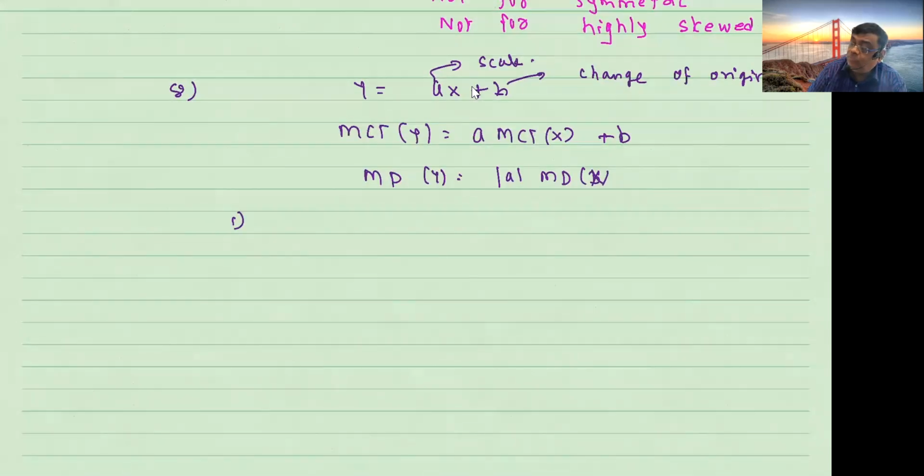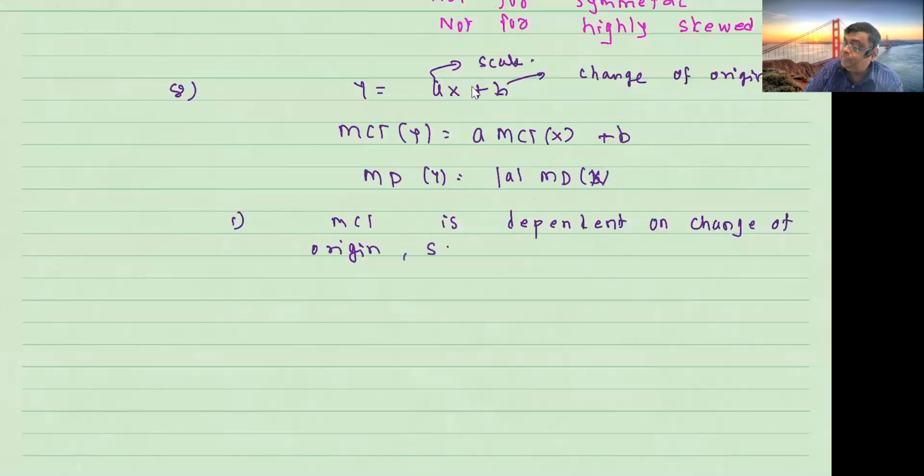As a conclusion, what will I say? Measure of central tendency is dependent on change of origin and scale both.